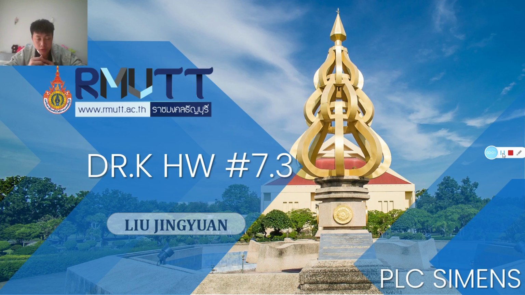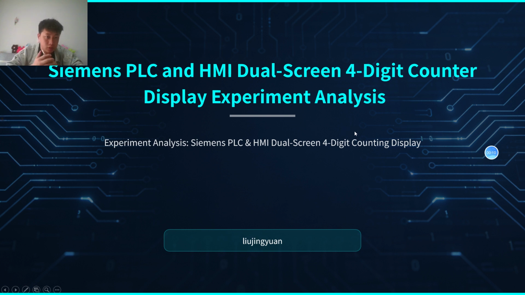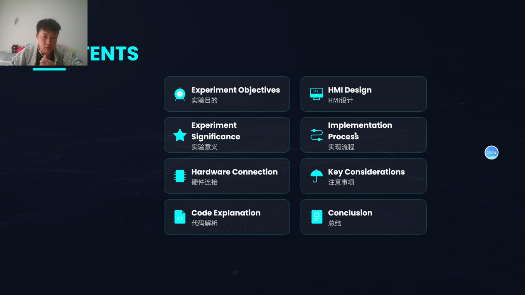Okay, so today I will show you my homework chapter 7.3. It's about Siemens PLC. The topic of this research is Siemens PLC and HMI dual screen for digital counter display experiment analysis.